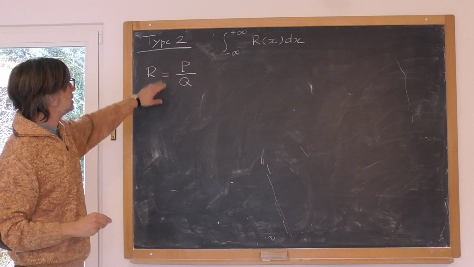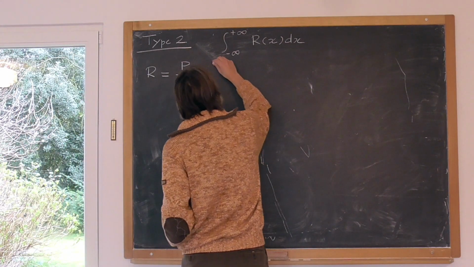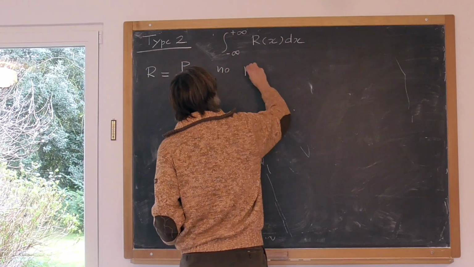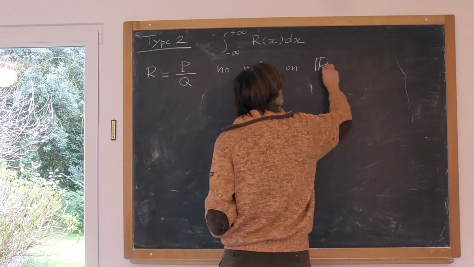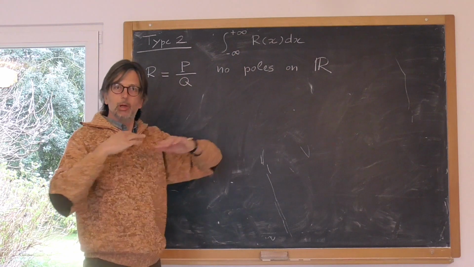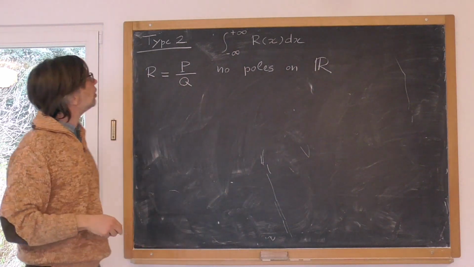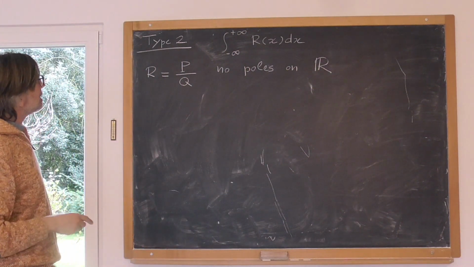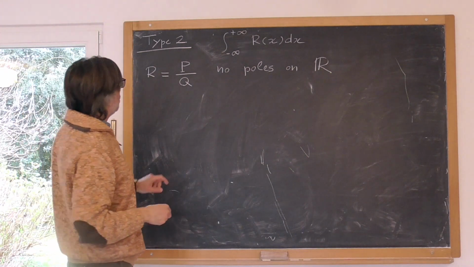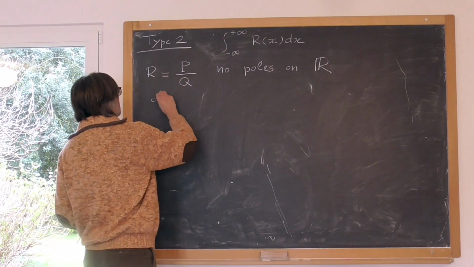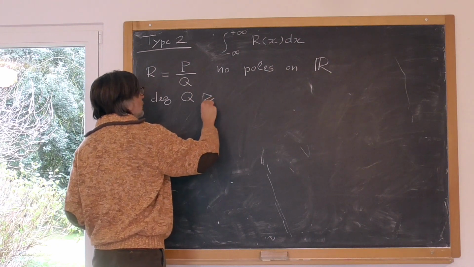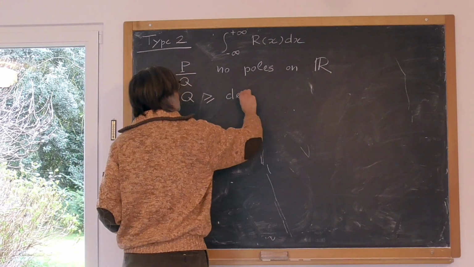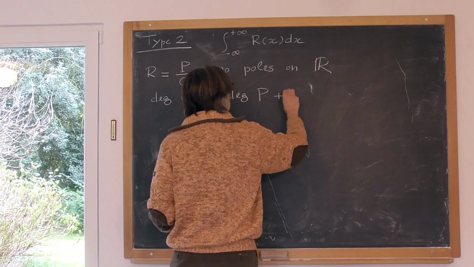The important thing is that this rational function has no poles on the real axis. Okay, so we are sure that we are integrating a nice continuous function on the whole real line. And the other important assumption is that the degree of Q should be greater or equal than the degree of P plus 2.